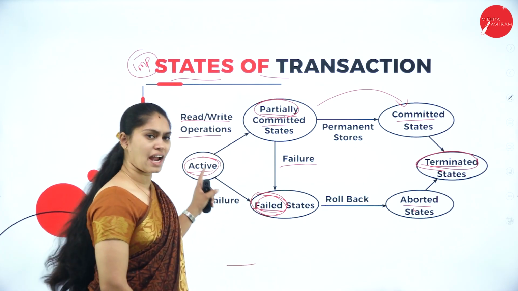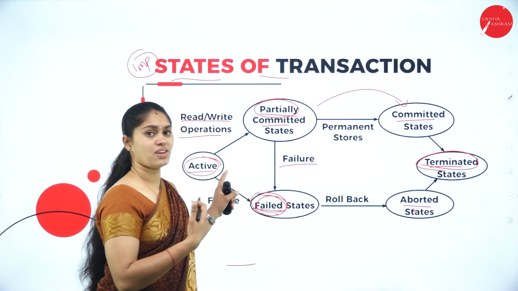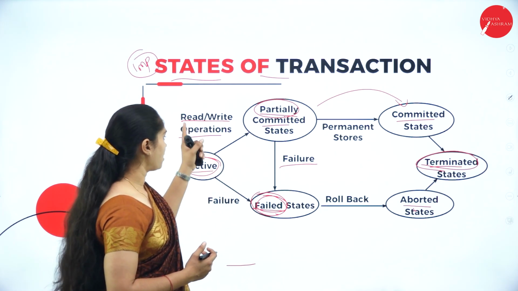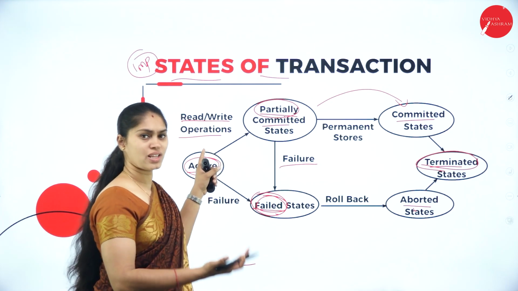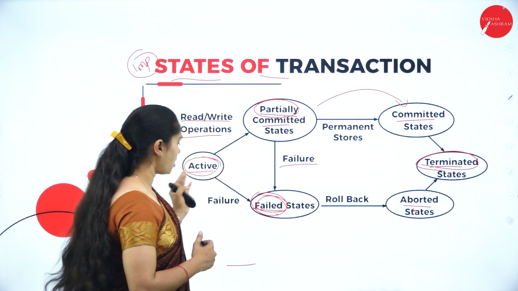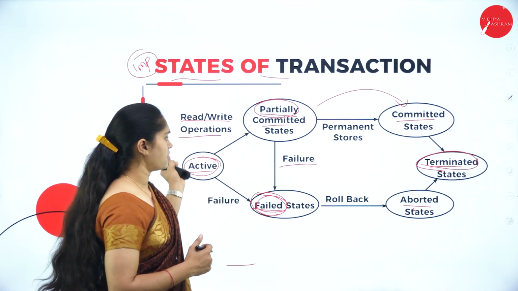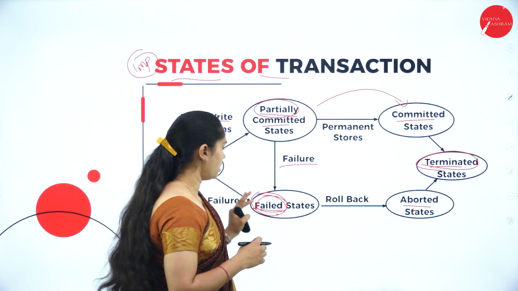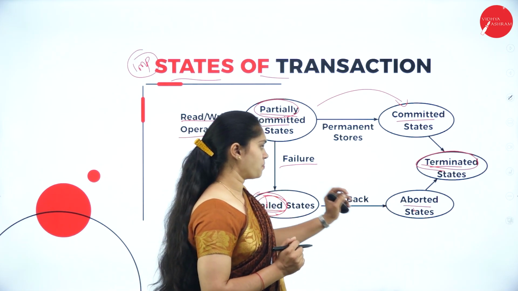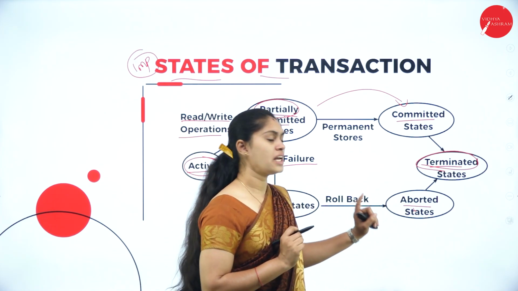You understand? The active state is the state where the execution of a transaction starts. It can be a read or write operation. There is a chance of partially committing that read and write operation, or it may reach the failure state. If it can be recovered from the failed state, then it will reach the aborted state.